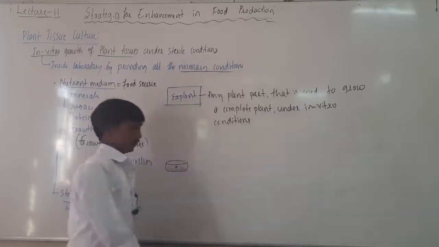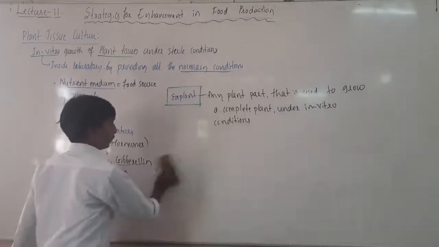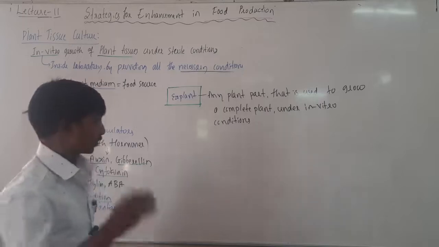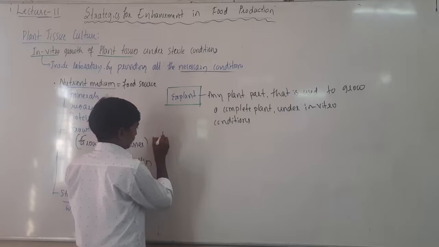And this capacity of the somatic cell is called totipotency.